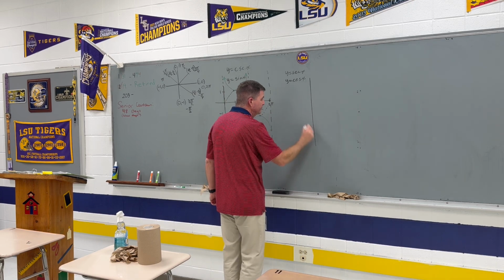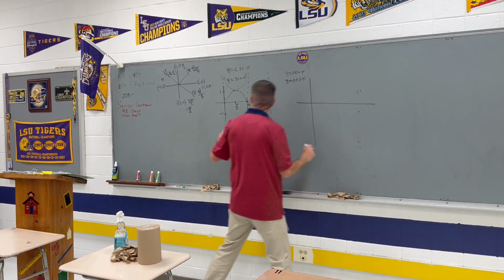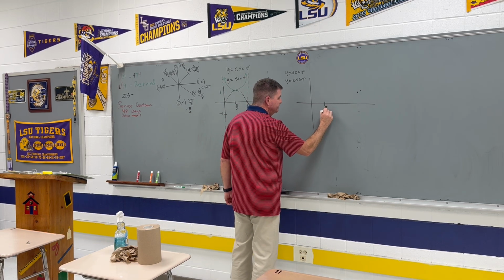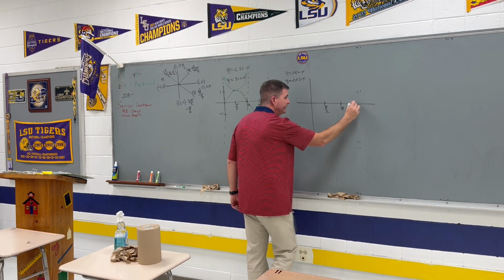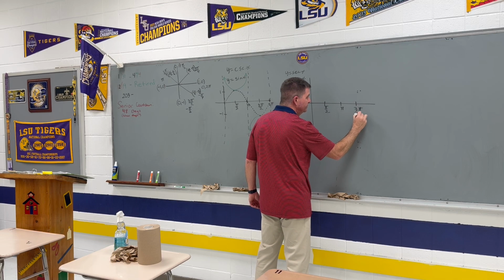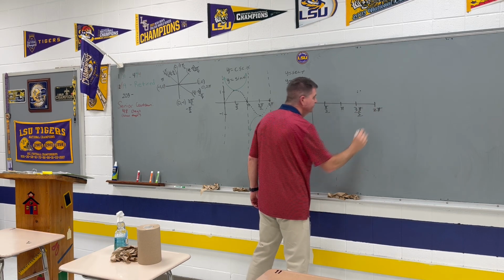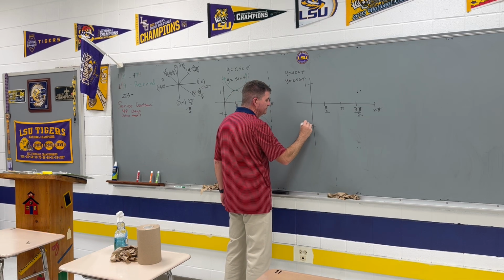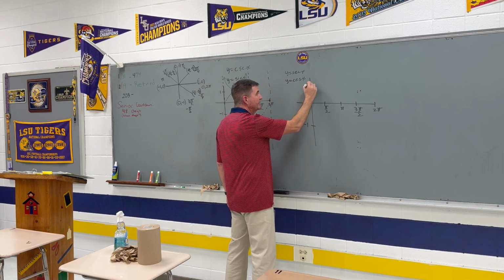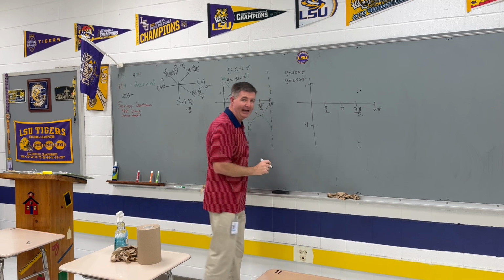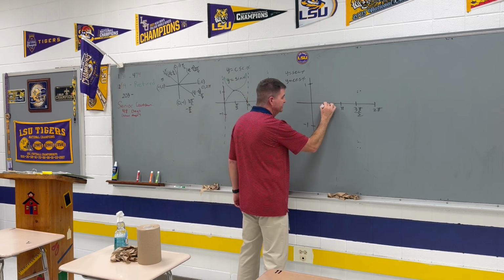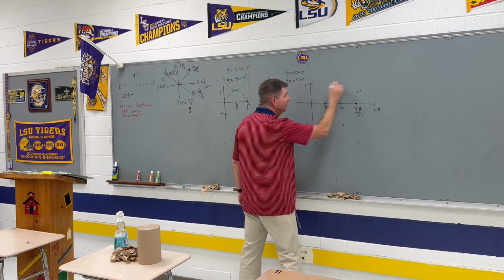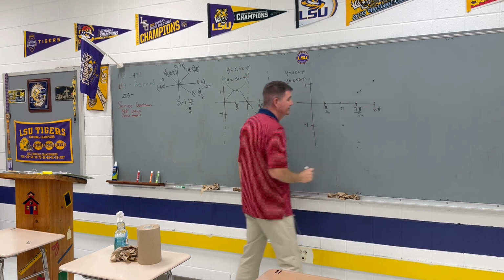So if we look at the y equals cosine, we know that these points would be the same: 0, pi over 2, pi, 3 pi over 2, and 2 pi. We also know that what? Our amplitude would be 1, so that's 1 and negative 1, but the cosine starts at a max, then goes to a 0, then down to a min, back to a 0, and then to a max.